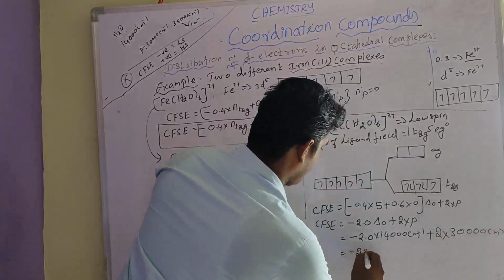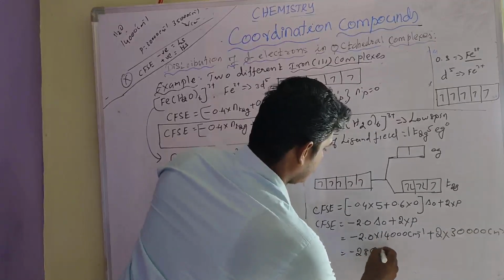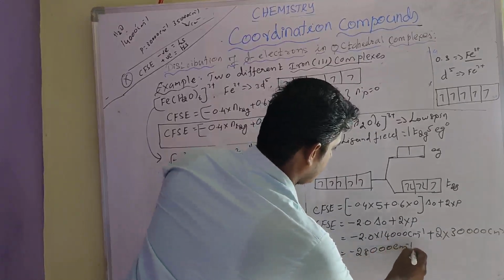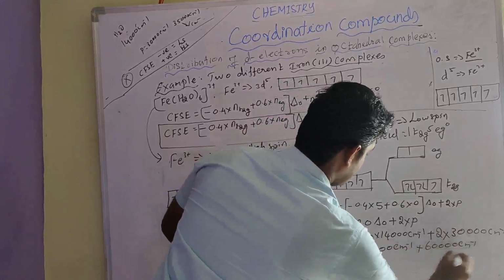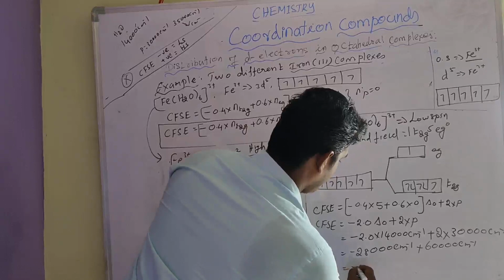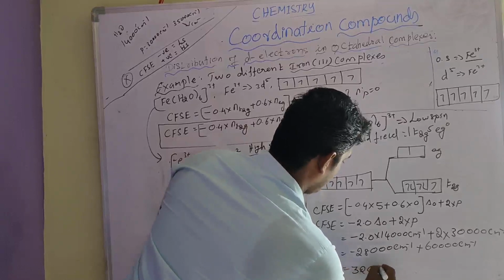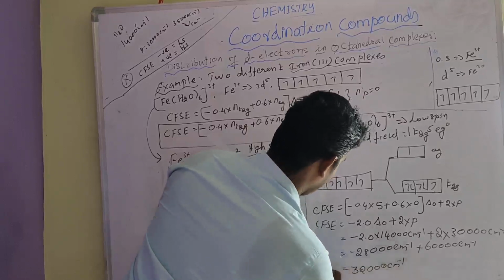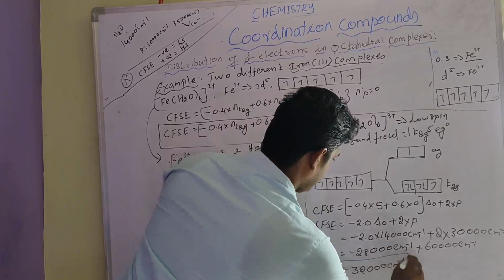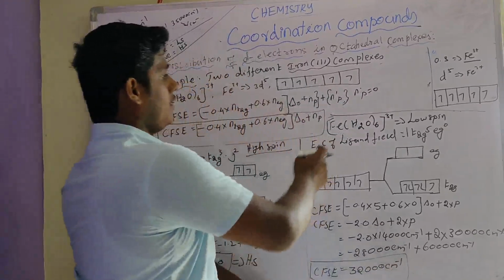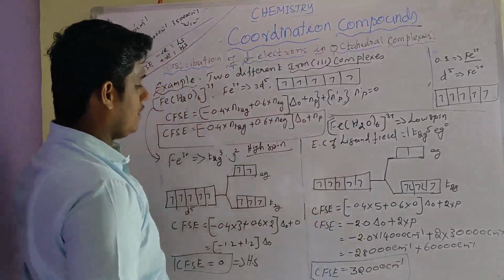So minus 28,000 plus 60,000, I get the value 32,000 cm inverse for the crystal field stabilization energy of Fe(H2O)6 for the low spin complex.